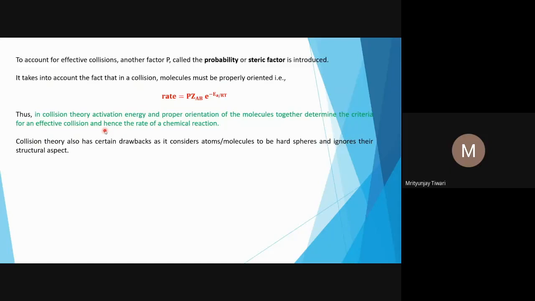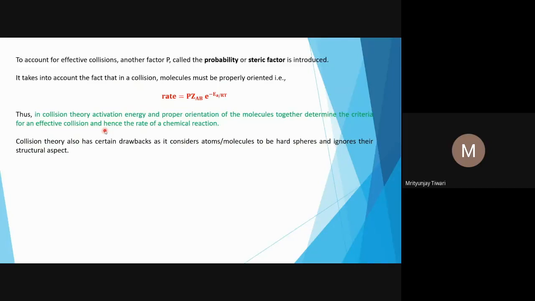Even if the molecule has energy equal to or larger than the activation energy, because of the collision it also acquires more kinetic energy, but it may not get converted into the product if the orientation is not proper.